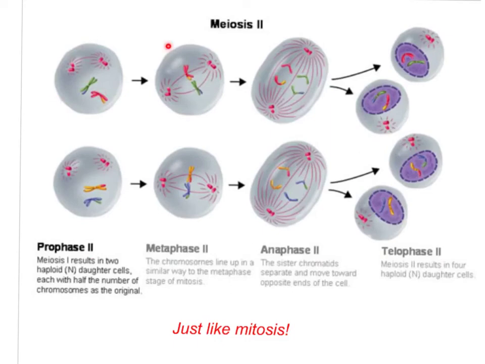The chromosomes line up along the equator for metaphase 2. Then they are pulled apart in anaphase 2, and the nuclear envelope starts to reform during telophase 2, and then cytokinesis separates so that we end up with two daughter cells for this one and two daughter cells for this one. So ultimately, in total, we have 4 daughter cells.